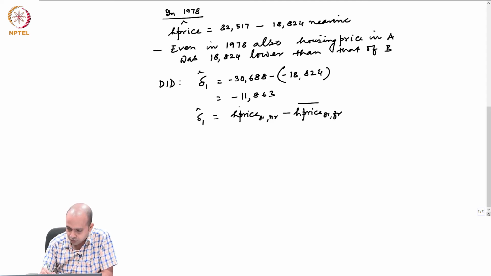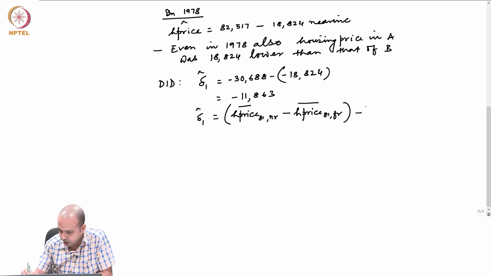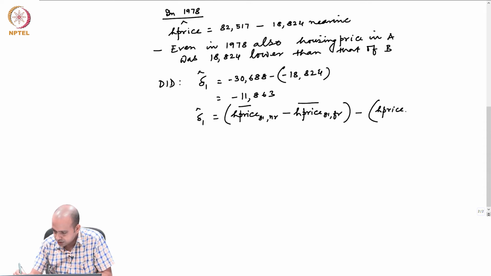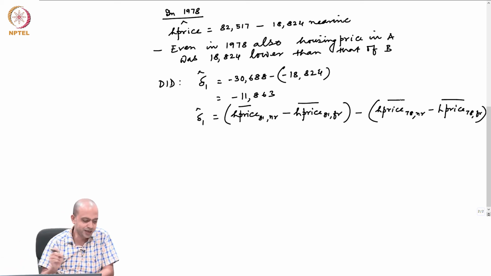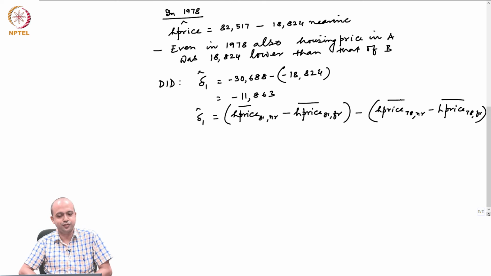Okay, the difference of these: near minus far in 1981, minus the house price in 78 near minus the house price in 78 far. So, I have calculated the difference between near and far away in 81, and near and far away in 78, and that is basically your difference in difference estimate. Okay.